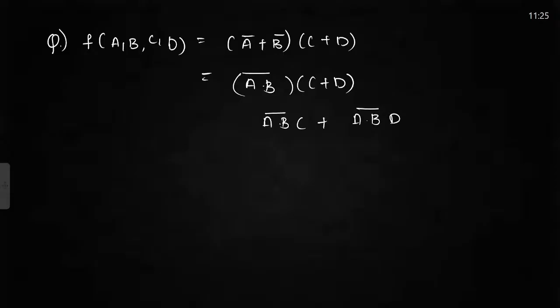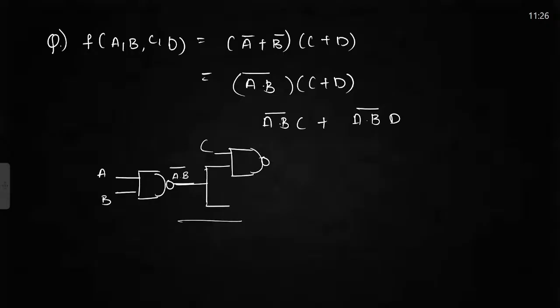First, we will get this one. A B bar you can directly implement. You will get, if I am going to input, and here I am getting A B bar. Now, what I need to do? I need to implement C. And here, okay.